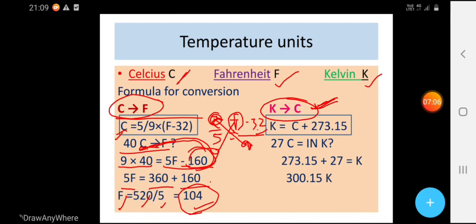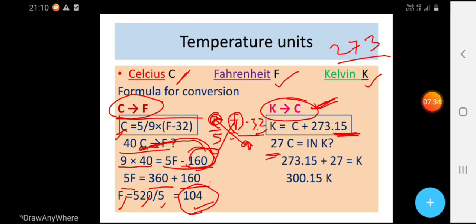Sometimes it is written with 0.15 and sometimes it is not written. It can be equal to 273 also. So don't get confused about why sir wrote this; in the book you may find both, sometimes 273, sometimes 273.15. So it is okay, it is somewhat equal, okay, approx. So we will start.